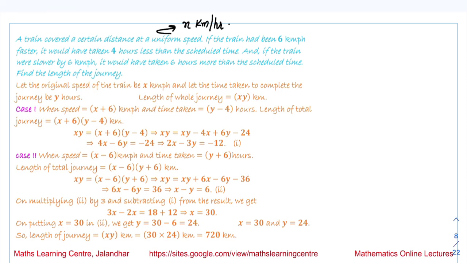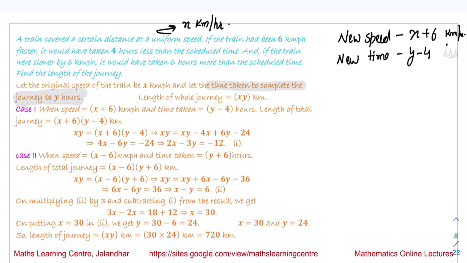Now suppose the total time taken to complete the journey is y hours. Now the new speed we have is x plus 6 kilometers per hour. We are talking about this 6 kilometers per hour, and the new time we have is y minus 4 hours.